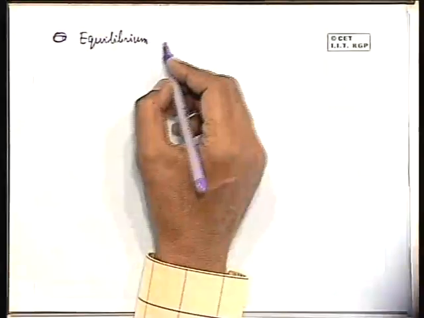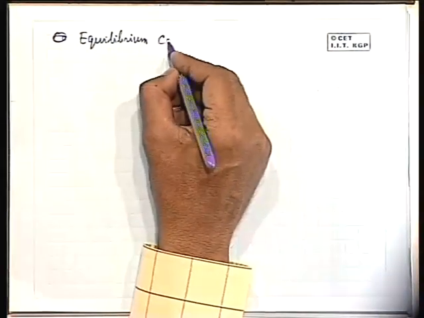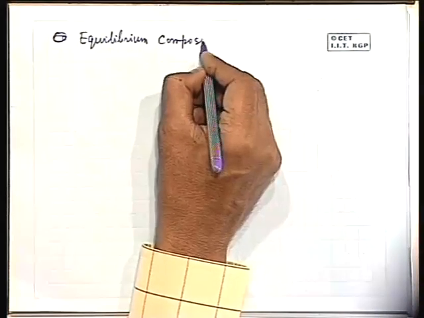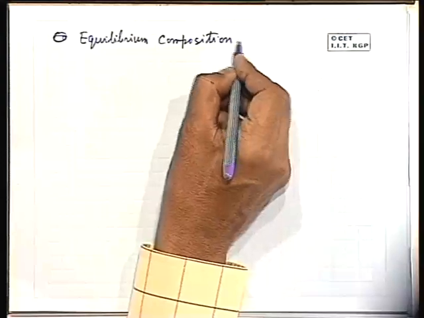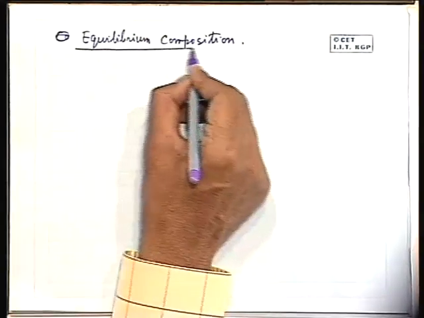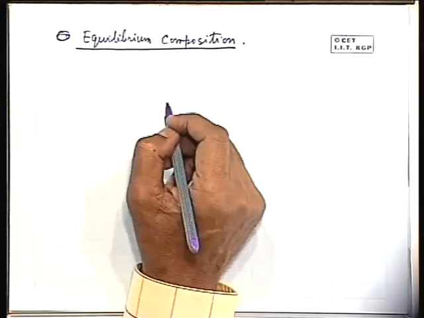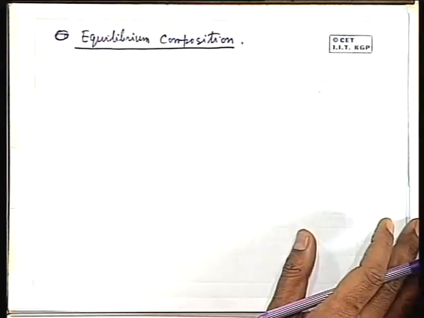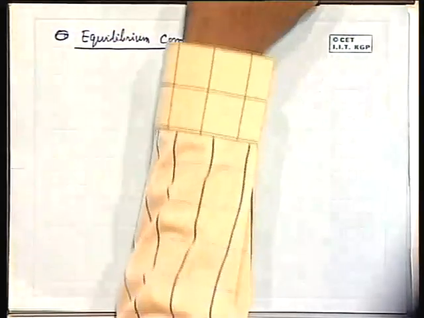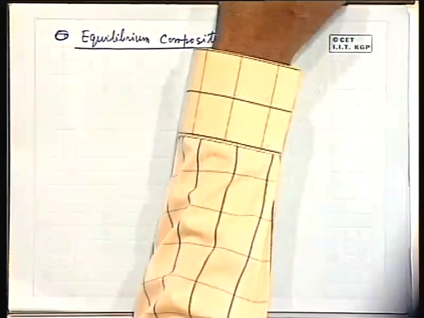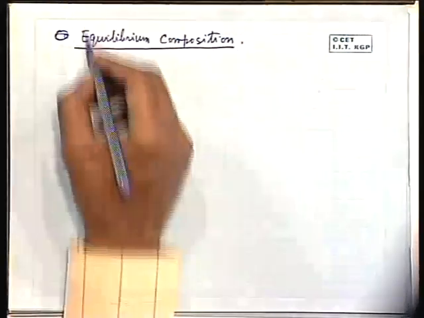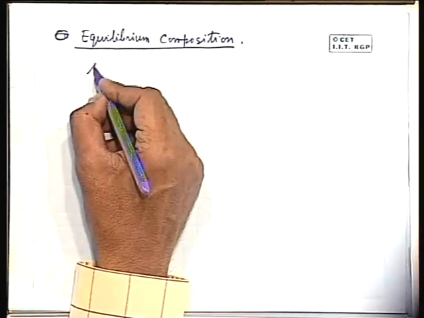So therefore equilibrium takes place, and this gives the equilibrium composition. What is equilibrium composition? To find this out, we have to develop an expression for this reaction equilibrium. First I write the reaction equilibrium again.